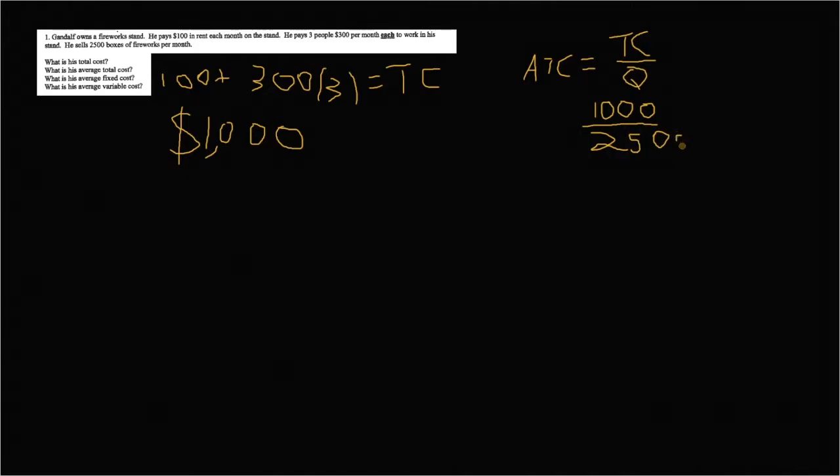Which, if you wanted to simplify this, would be 10 over 25, which is equal to 0.4.